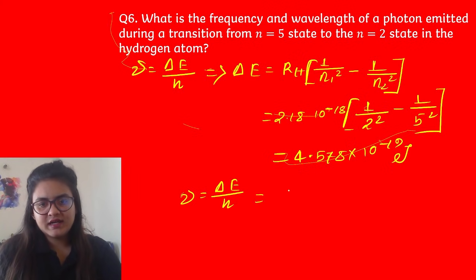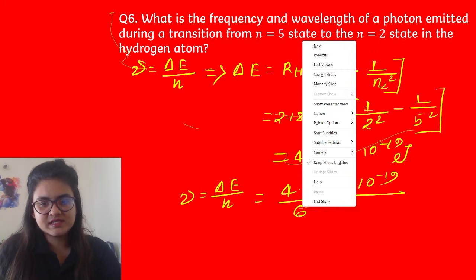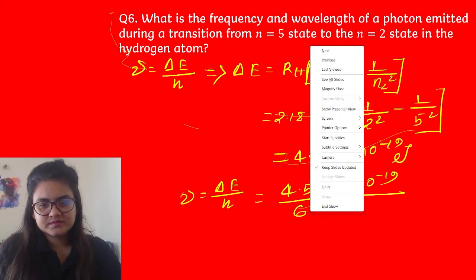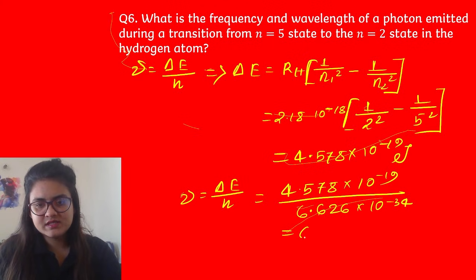Just put the value of delta E, that is 4.578 into 10 power minus 19 divided by h, the Planck's constant, that is 6.626 into 10 power minus 34. If you calculate this, your nu will come up to be 6.91 into 10 power 14 Hz.